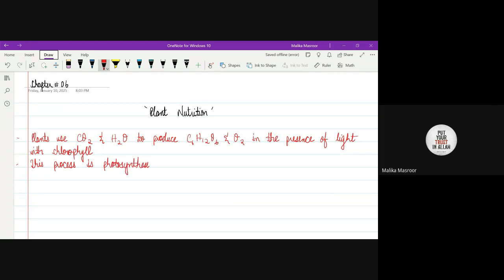Again, chlorophyll is the green pigment. Okay, this is what gives chloroplast the color. It traps sunlight and converts light energy to chemical energy.